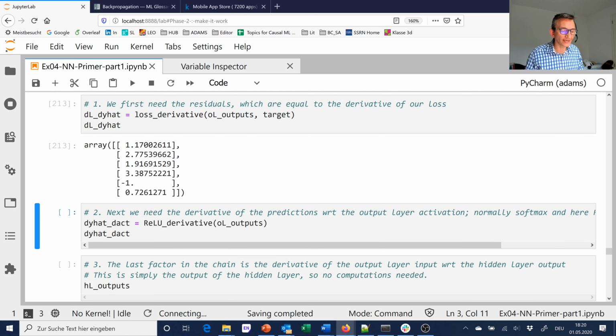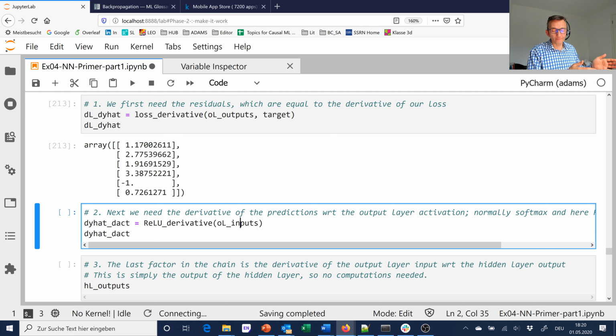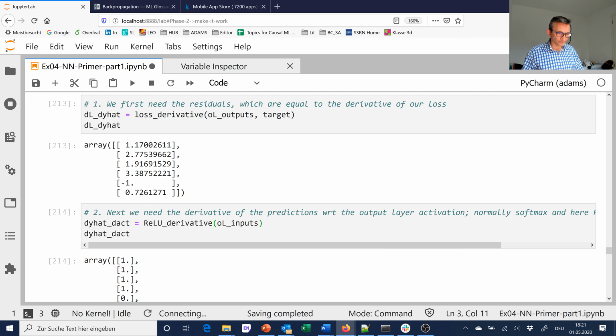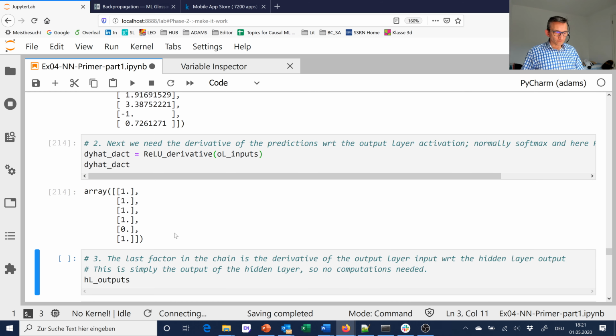So I'm taking one step back in the computational path, going one step back in the forward path. In the forward path, we had raw output score, ReLU activation, final forecast, and now we find the derivative of the final forecast with regard to the raw output score, and that's the derivative of ReLU with regard to the raw output score. Which looks like that.